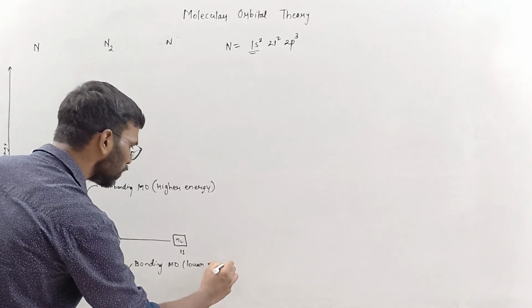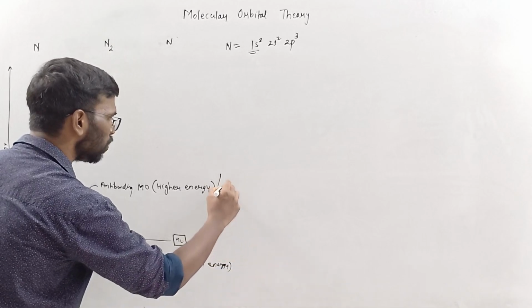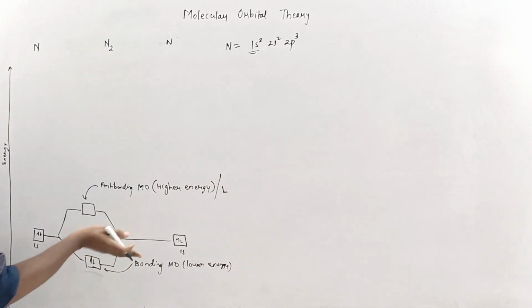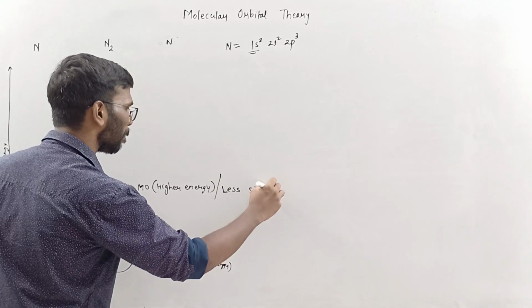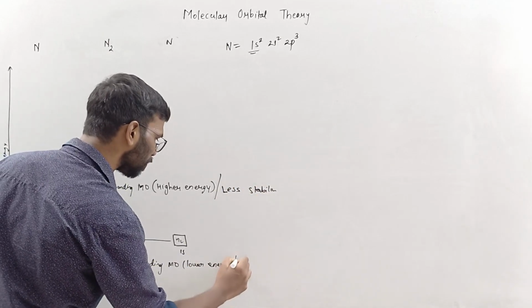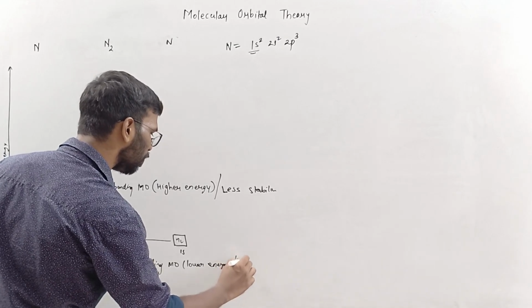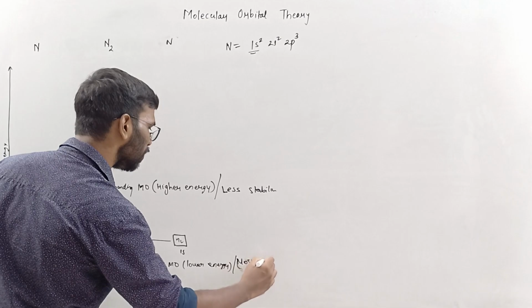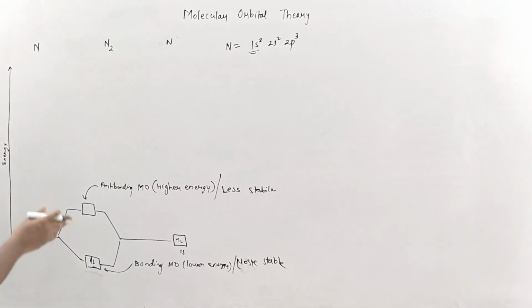Lower energy means more stability. Higher energy means less stability. So this is less stable and this is more stable. This is the story of the 1s and 1s.